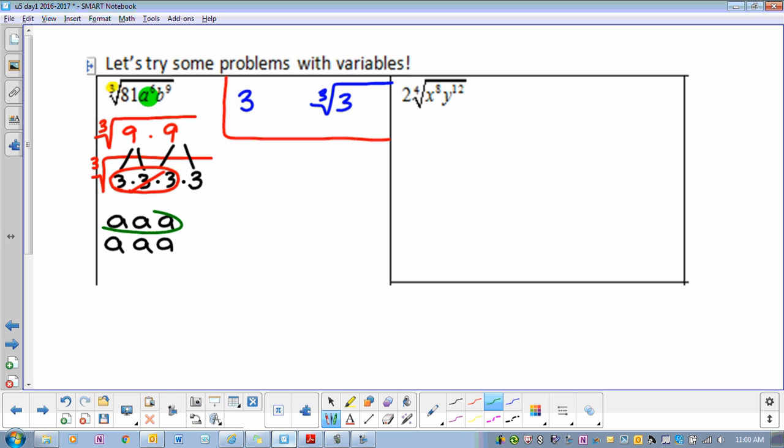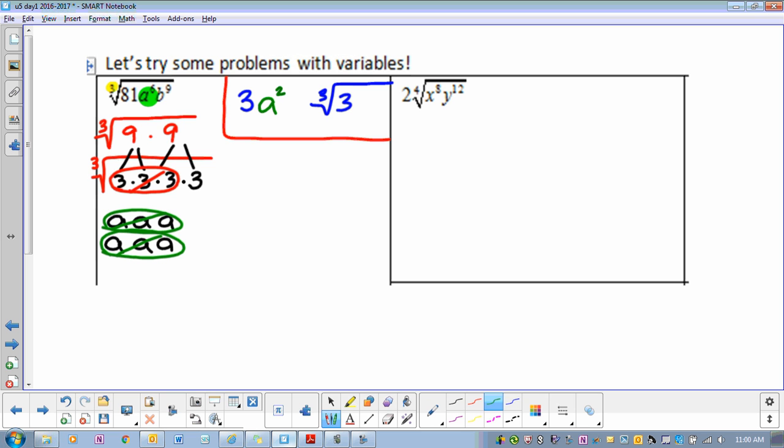So here's a group of 3, and here's a group of 3. How many groups do I have? 2. So that means A squared, 2 groups come out. Or like 2, 1 from each group, right? Did I have any left over that need to stay inside the radical? Any left over here? No.